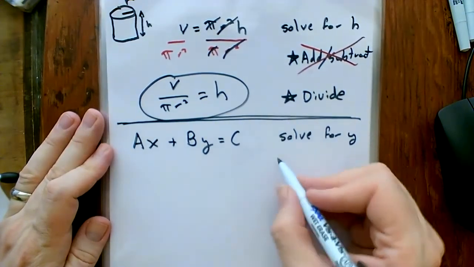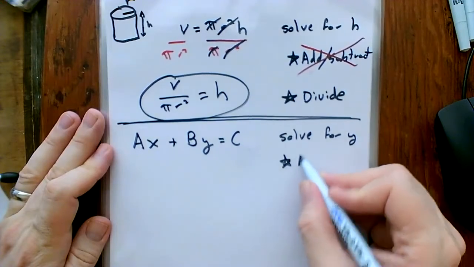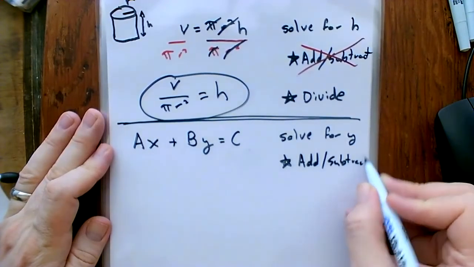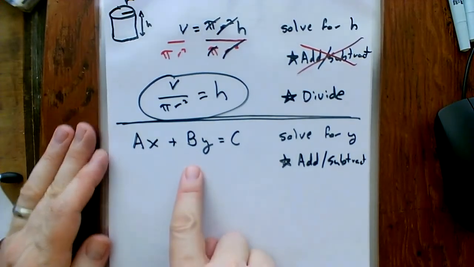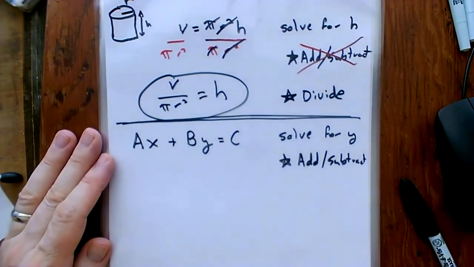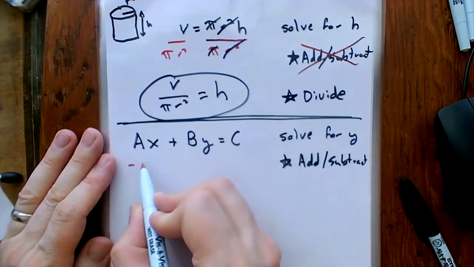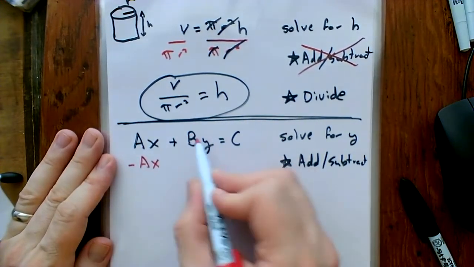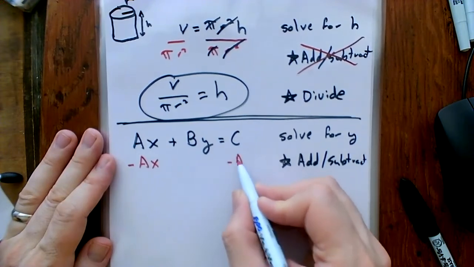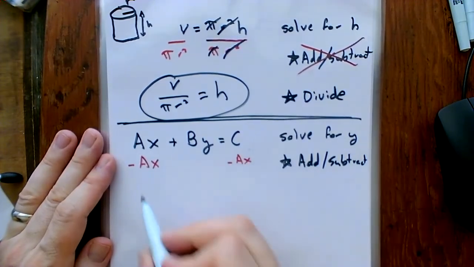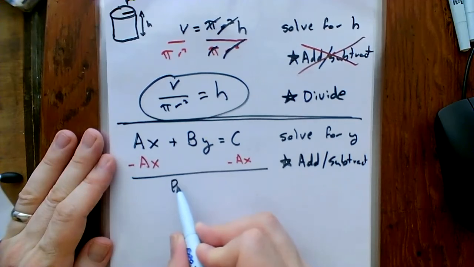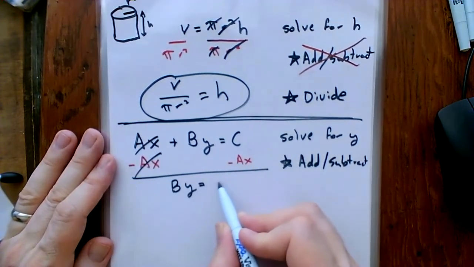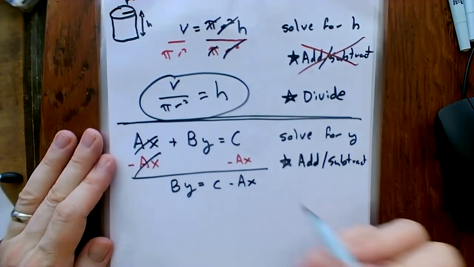So I'm going to start by adding or subtracting. It doesn't matter which side this by ends up on. So I'm just going to go ahead and take anything that isn't y, this by term, away. I'll have minus ax. Well, sure enough, I've got by, as ax minus ax is 0, is equal to c minus ax.